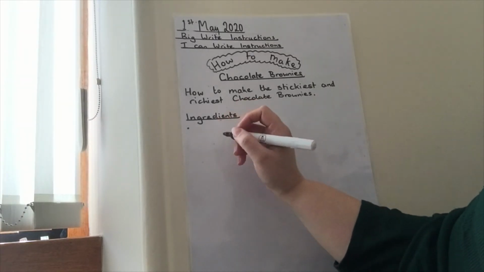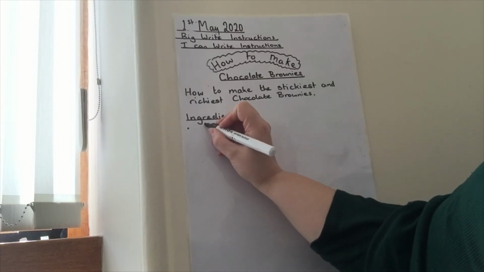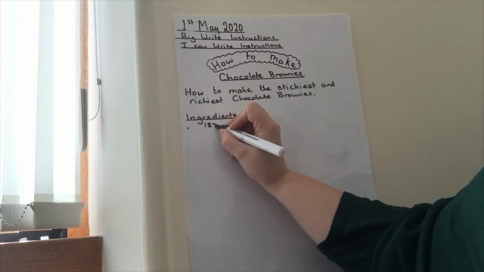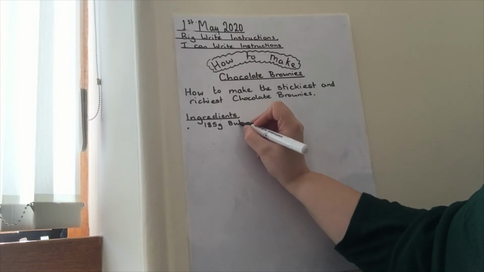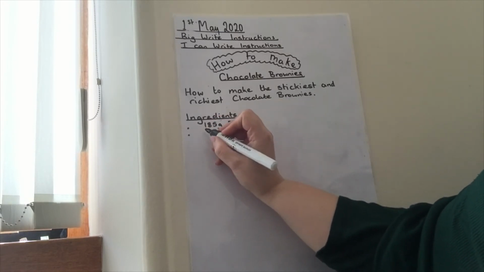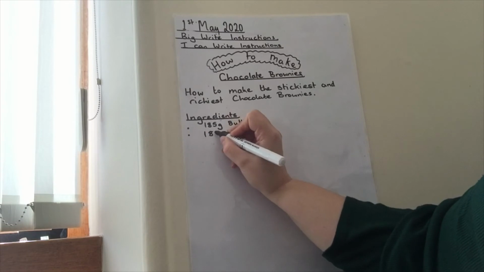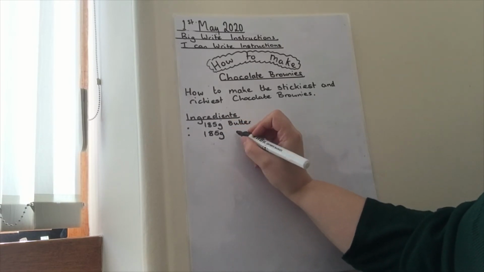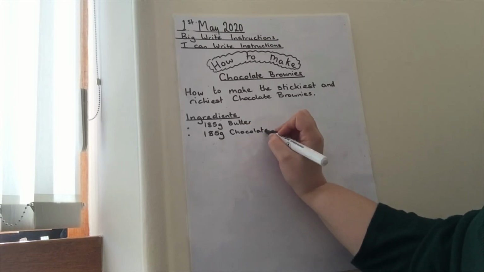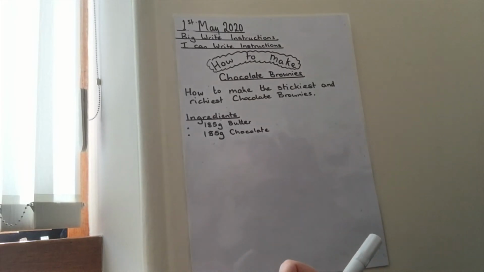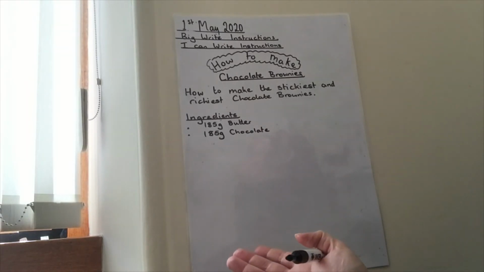And this time, instead of just putting butter, I'm actually going to write how much butter. And you keep going until you've finished writing your ingredients or the things that you're going to need.